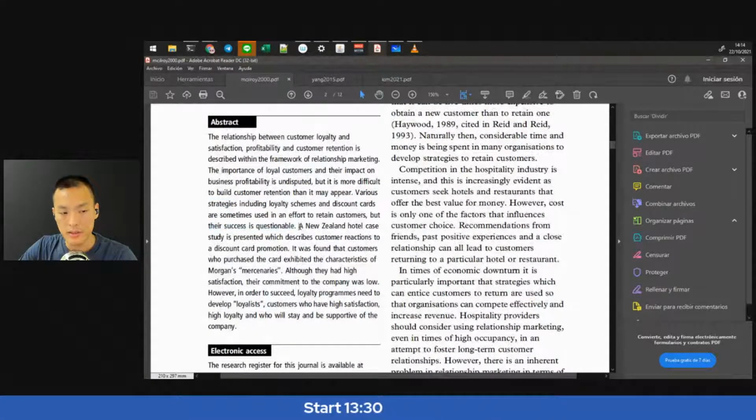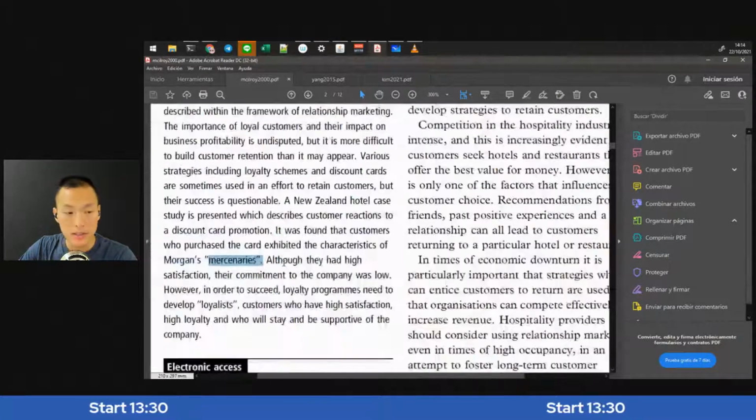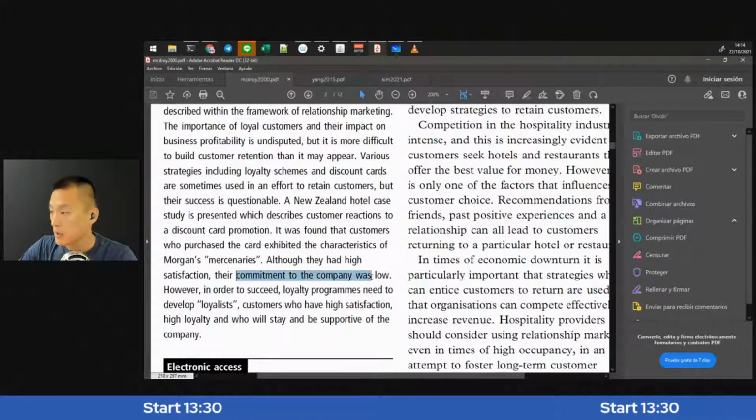So this paper is studying New Zealand hotels, and it showed that if you give out discount cards, the customers act like mercenaries, right? Mercenaries means even though they're happy with your services, they don't have any commitment to your company.